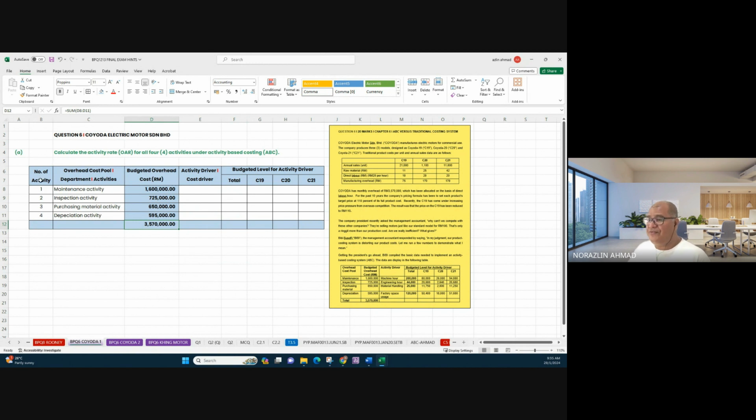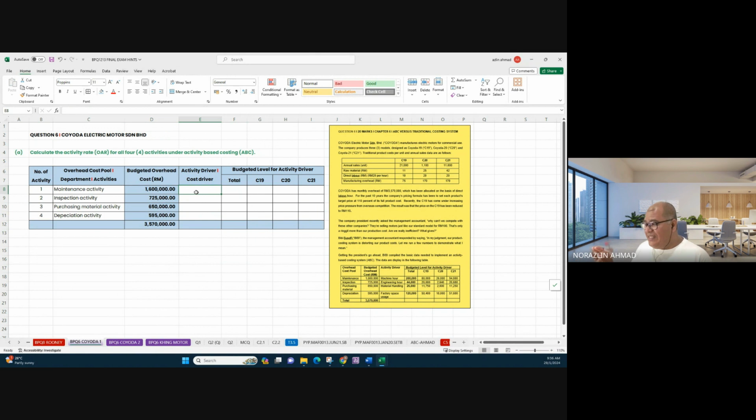Now we have four rates, and this is what we call activity based costing, based on each activity. This is the modern method on how to calculate or compute your company overhead or your company cost by using this ABC.